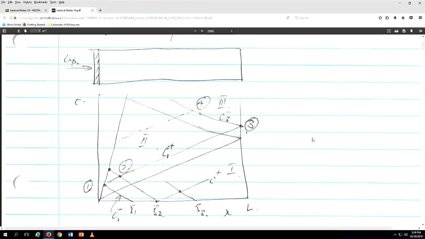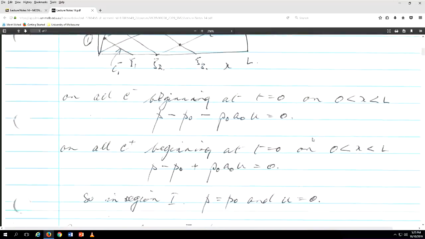It could, but the characteristic is the curve along which something doesn't change. Whatever it is at some point, we'll find out. So we can propagate. It's a wonderful idea.